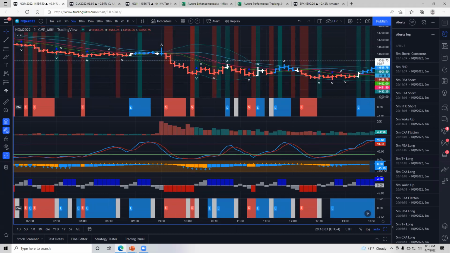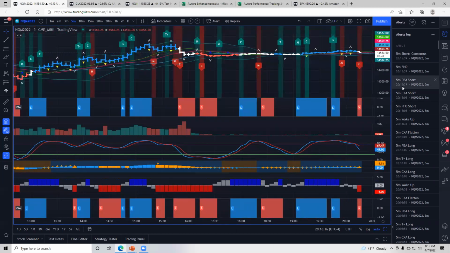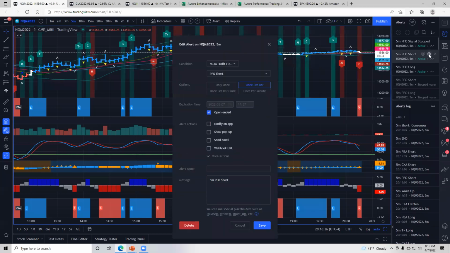Mark, I'm going to just really quick address, Edward is asking, can you show what the PFO alert update looks like? What I can say is the PFO alert actually isn't going to look any different. You just need to delete the one that you have and update it with the new version, and the indicator at the bottom will look exactly the same.